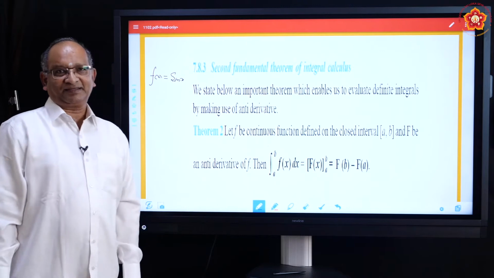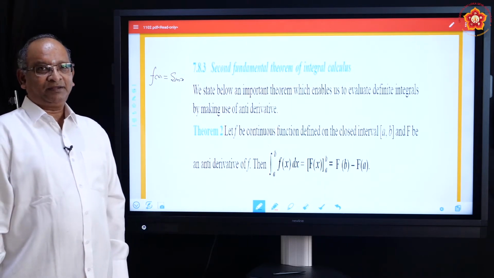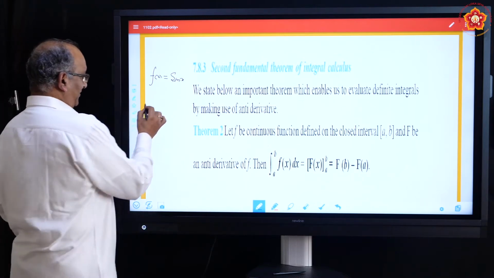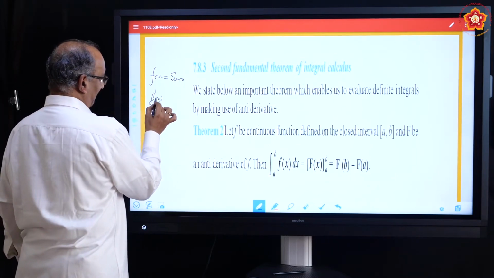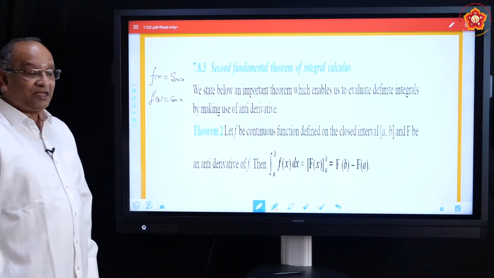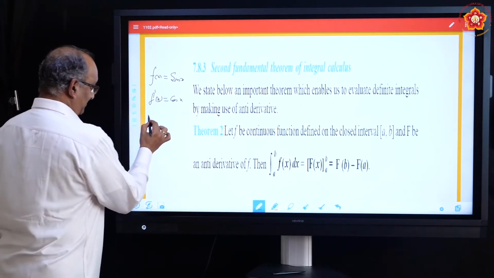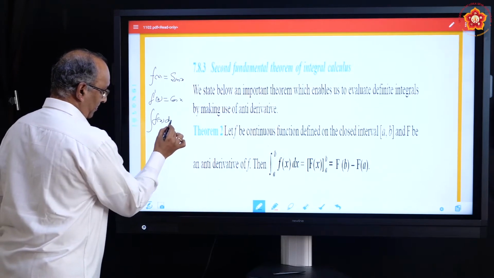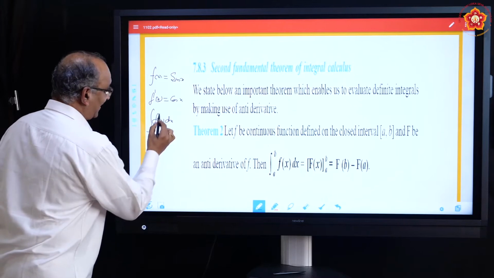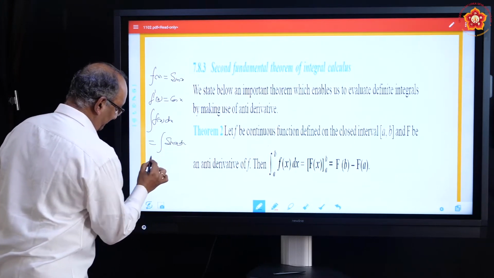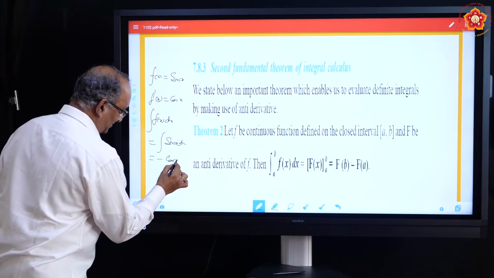What is its derivative? Cos x. F dash x is what? Whereas, what is the integral of f x? The integral of sin x dx, if you take, it is minus cos x.